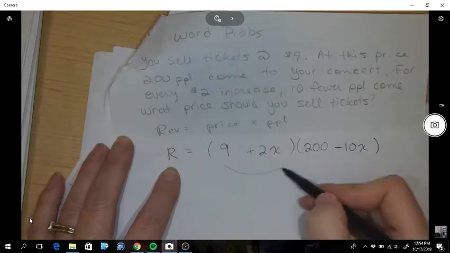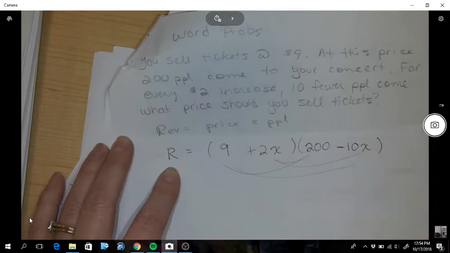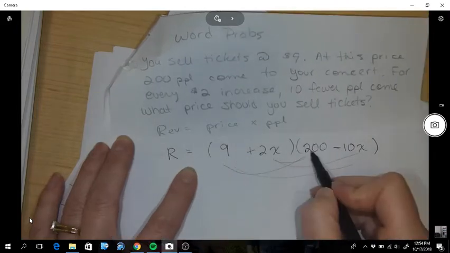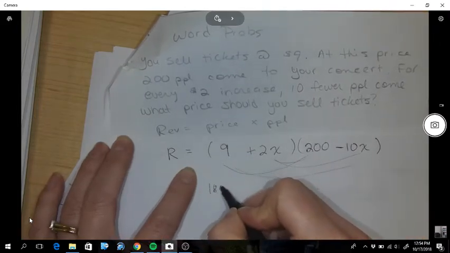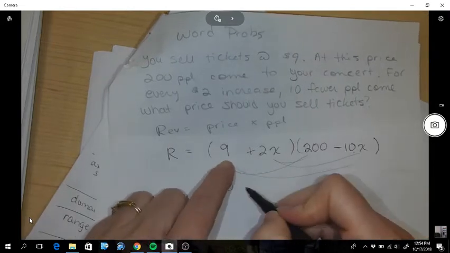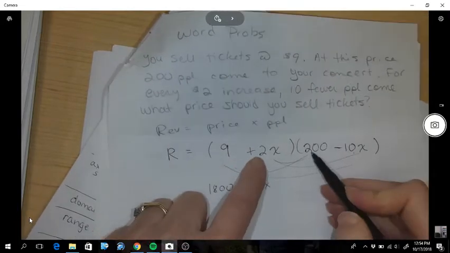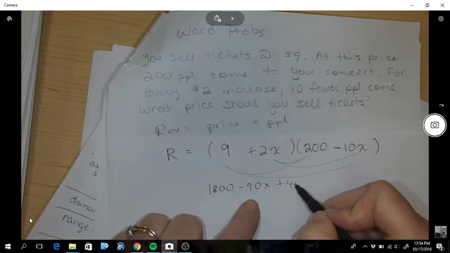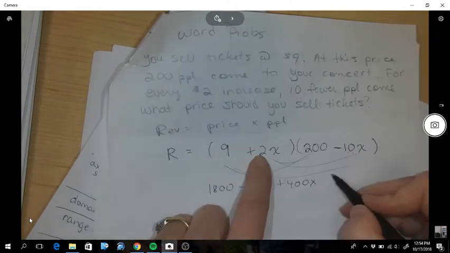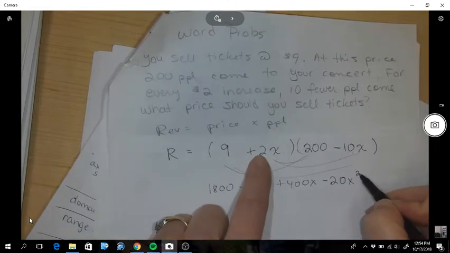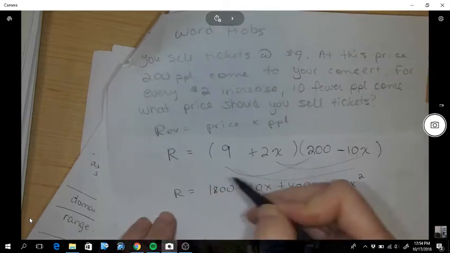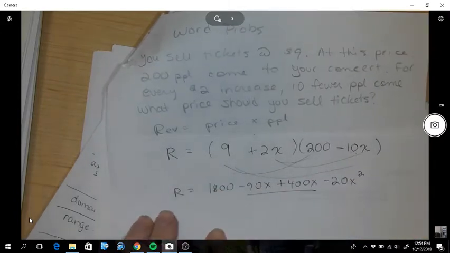The next step would be to do your big FOIL. First is 1800, outsides negative 90x, insides 400x, last negative 20x squared. Put those x terms together.